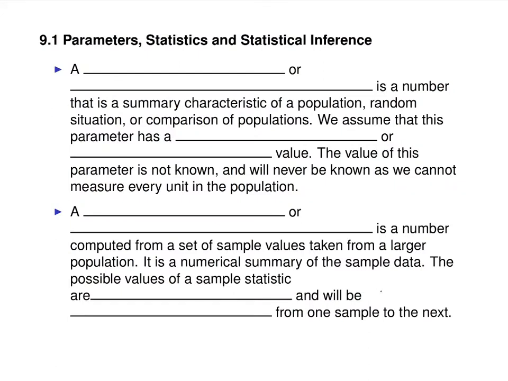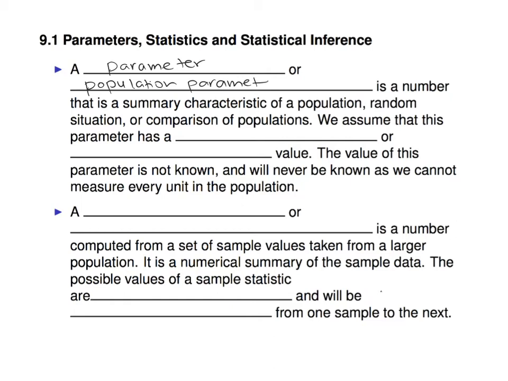Before we start, we're going to review some vocabulary. So a parameter, or population parameter, remember we talked about this in an early lesson, is a number that is a summary characteristic of a population, random situation, or comparison of populations.